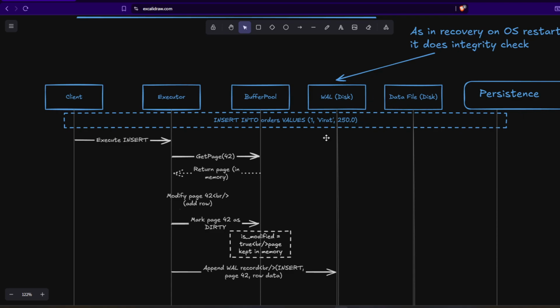If anything exists in the WAL which has not been written into our persistent storage, or some transaction is yet to be committed, then we commit those transactions into our permanent storage.